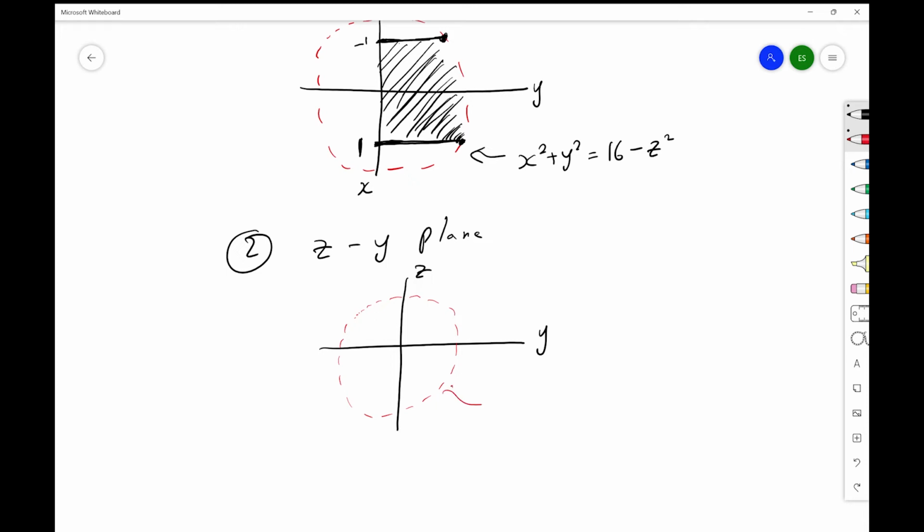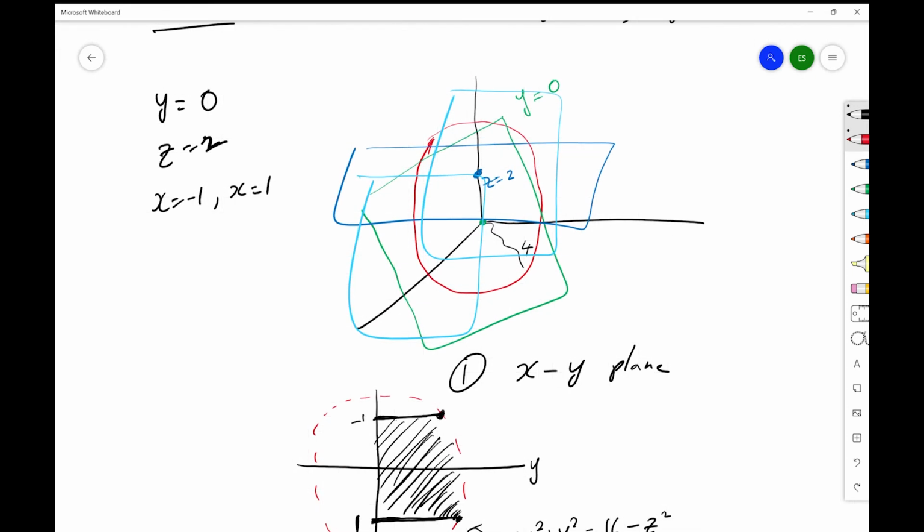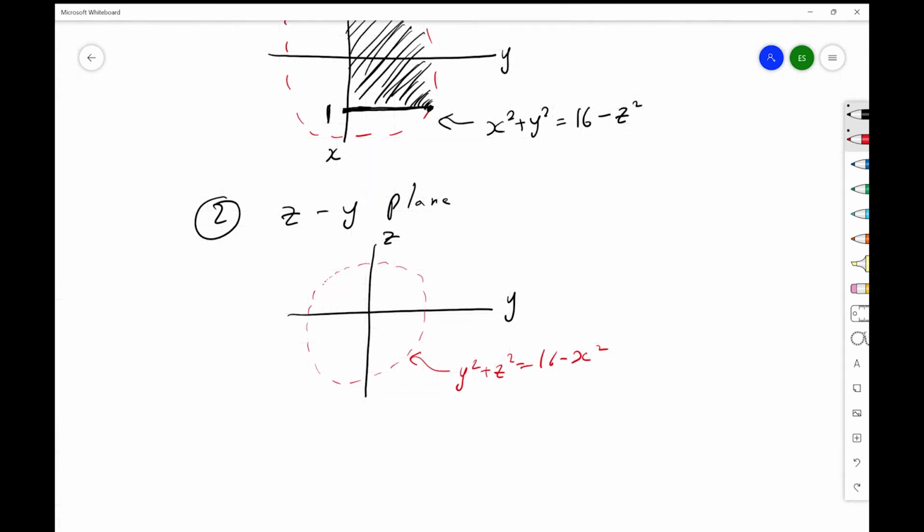So the equation of the sphere is going to be y squared plus z squared equals 16 minus x squared for any fixed x. Depending on where x is, the slice will have a different radius. And then we said z equals 2. So this would be z equals 2, the slice we would be integrating from that point of view.